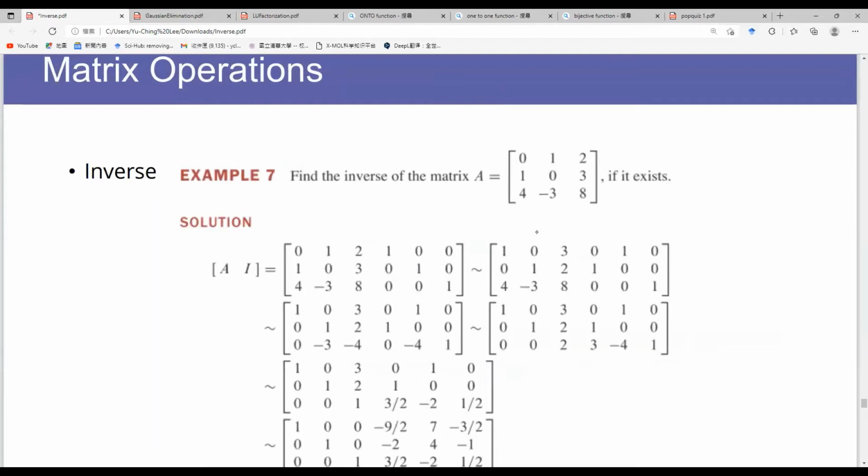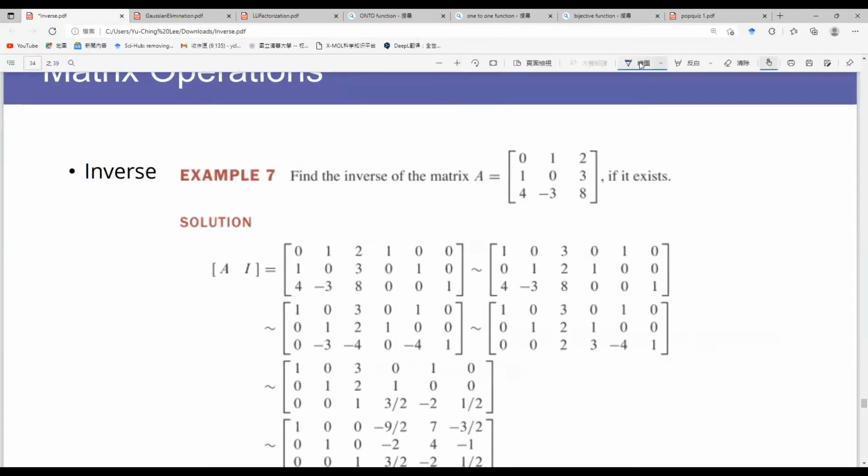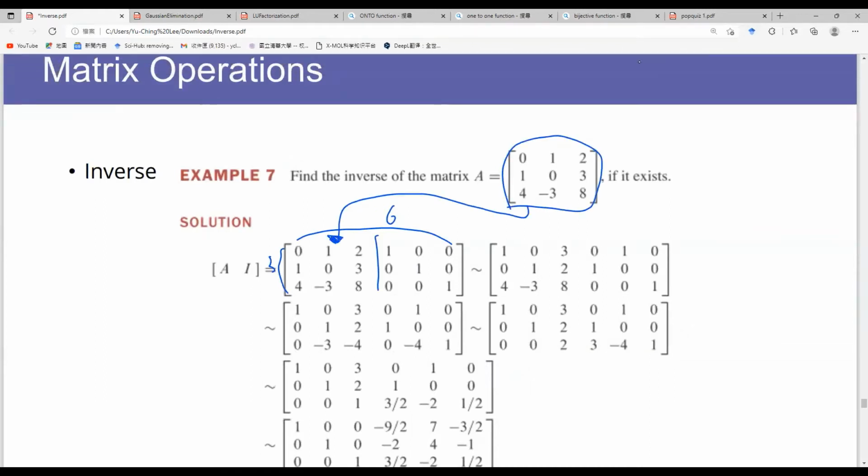We start by writing down the n times 2n matrix, which is a 3 times 6 matrix. On the left-hand side, this is exactly where the A matrix should be placed. And on the right-hand side, this part is the identity matrix.